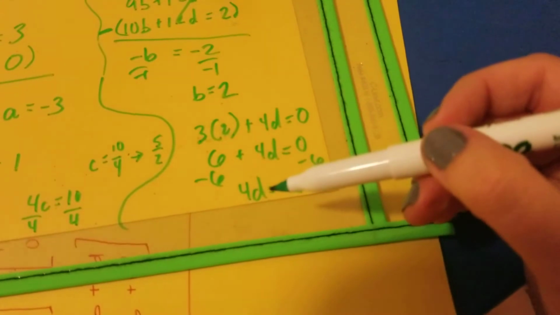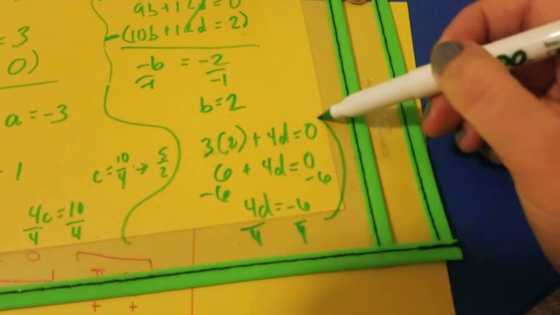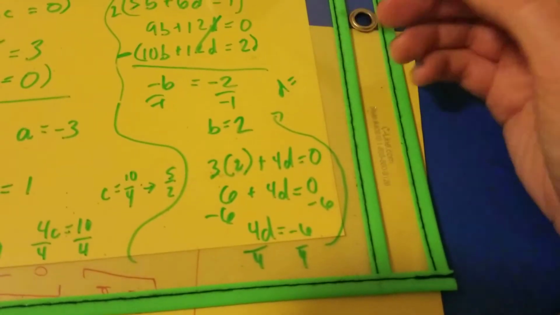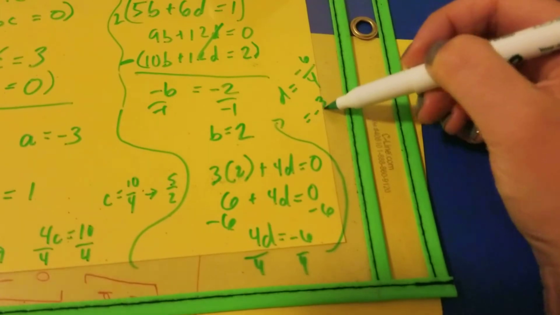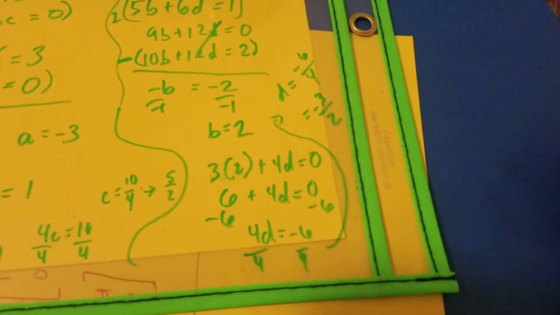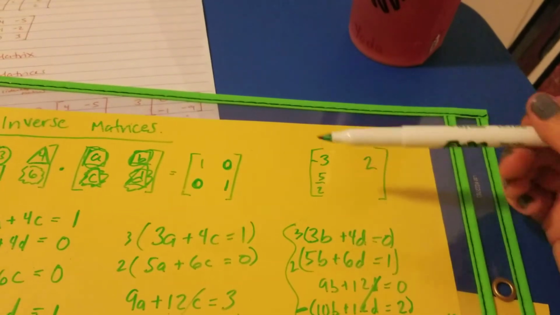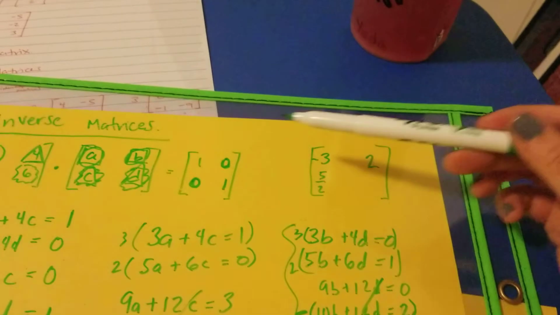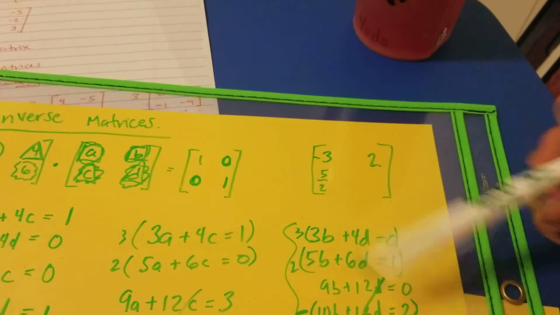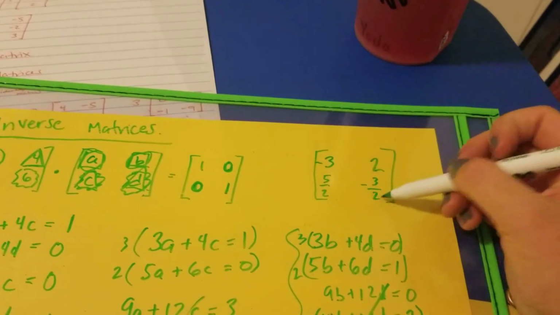So now, since I'm multiplying, I'm going to divide by 4. Divide by 4. So d equals negative 6 over 4, which can be simplified to negative 3 over 2. So now, I'm going to go back to the matrix. I put b as 2 already. So now I have to put negative 3 over 2 for d, which is underneath the 2.